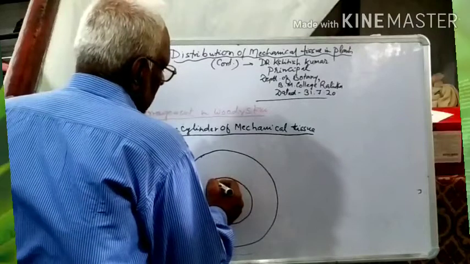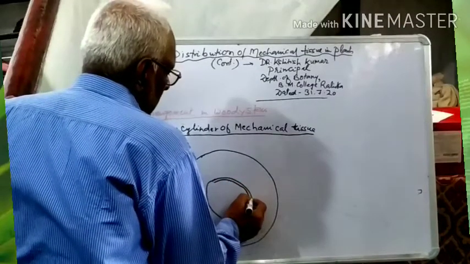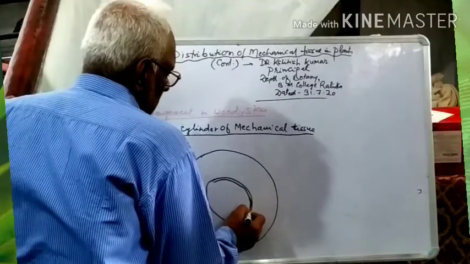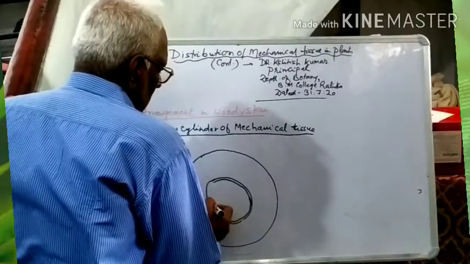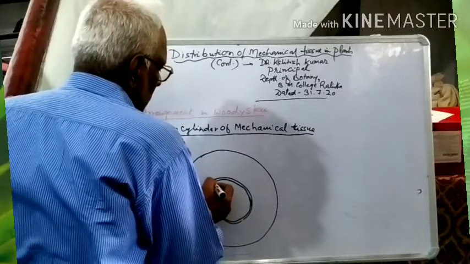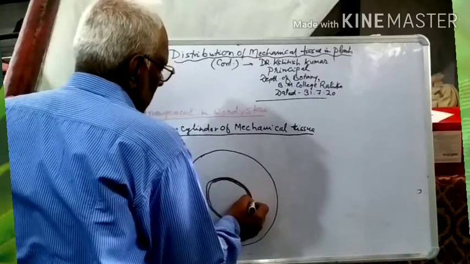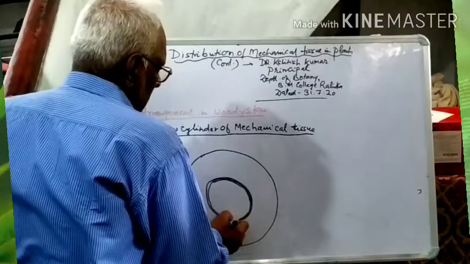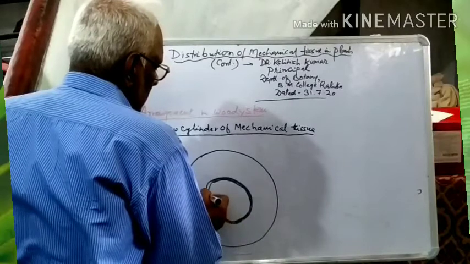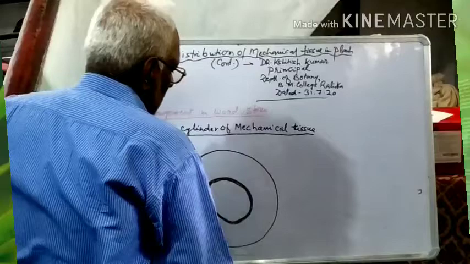So inside the pericycle, the pericycle here is of sclerenchyma. So the sclerenchymatous ring is found beneath the pericycle.